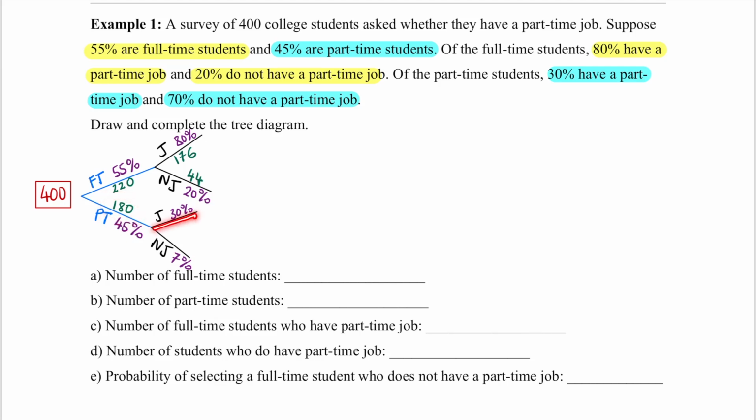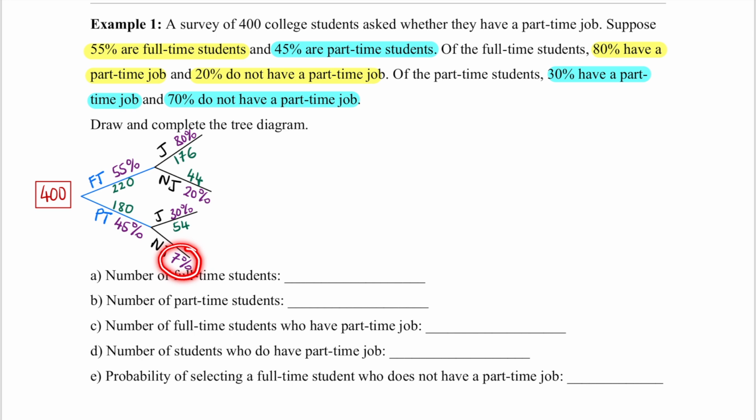30% of 180 have a part-time job. So we take 180 times 0.3 equals 54. 54 part-time students have a part-time job. Oops, this should be 70% instead of 7%.